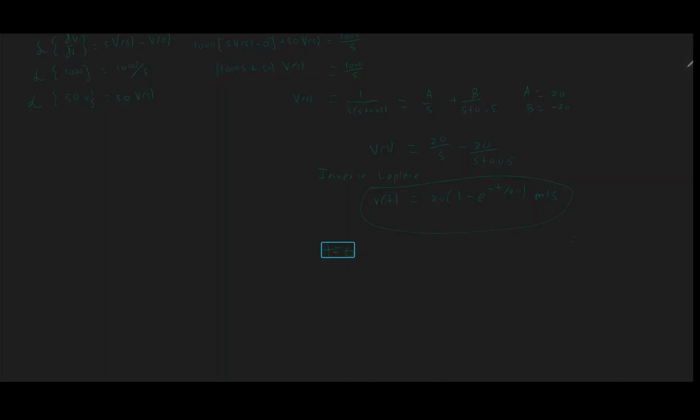Well, we can calculate that our speed will obviously be 0, and the reason for this is because our initial condition is 0. If our initial condition was something else, it would be that initial condition.